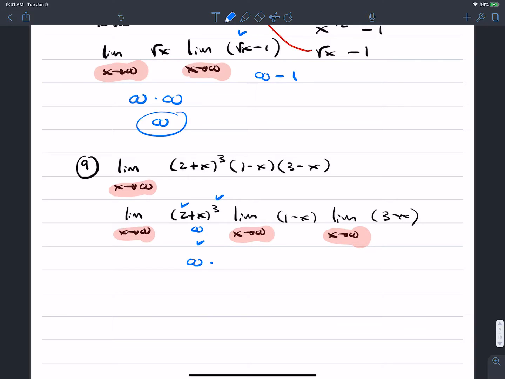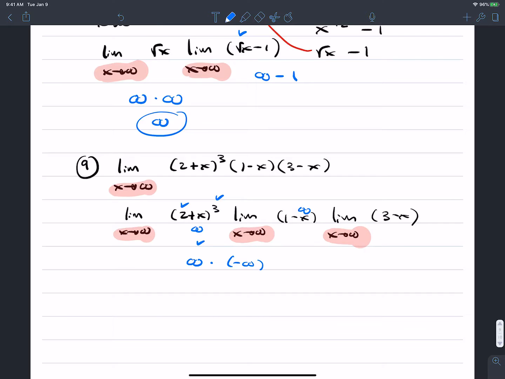Right, that first term. Now, what about this here? What's happening with the next one? As x gets big, I got 1 minus big. Think of this as 1, and you owe now Oprah money. So if you owe Oprah money, but you have $1, I got some bad news for you. You still owe an arbitrarily large, or in this case, small amount of money, right? So there you go.